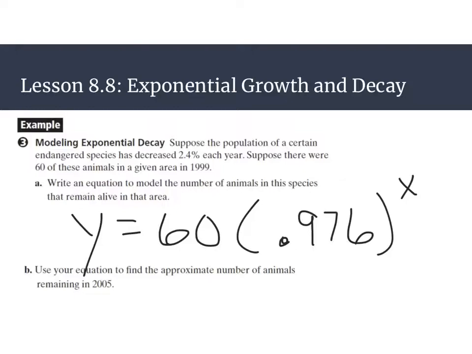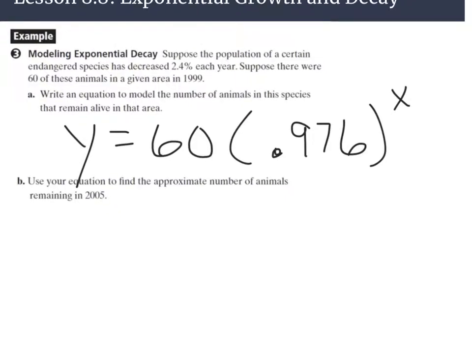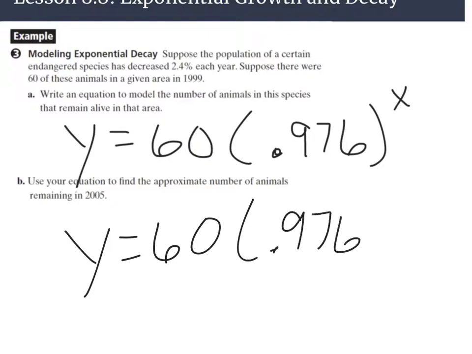If this example shows us the number of animals in 1999, then we want to know how many animals are left in 2005. Think about the fact that 6 years have gone by. So we're going to replace that x with a 6, because 6 generations have come and gone.